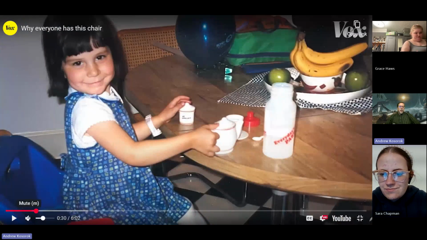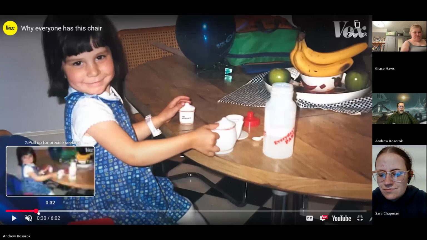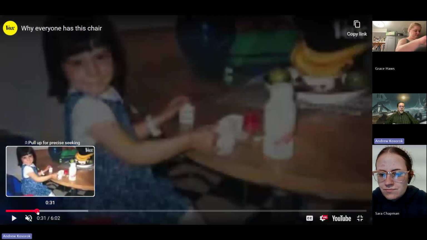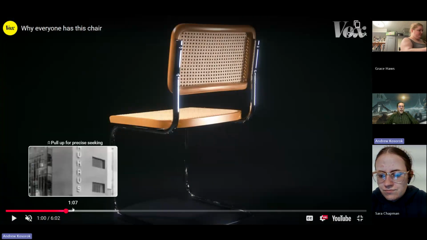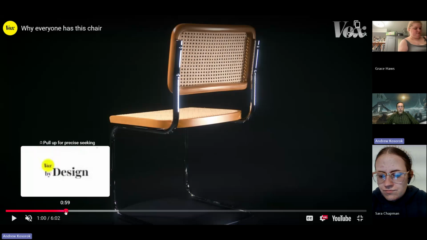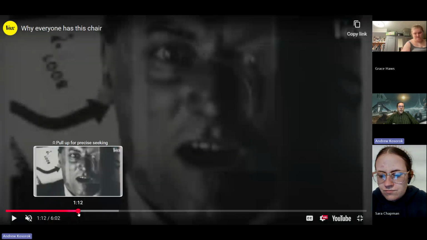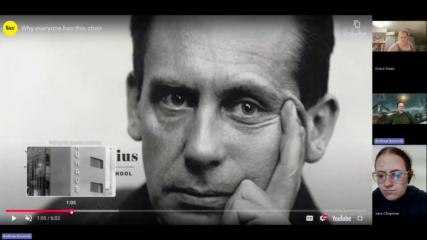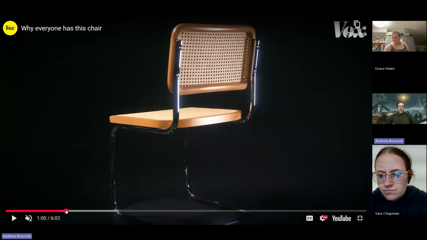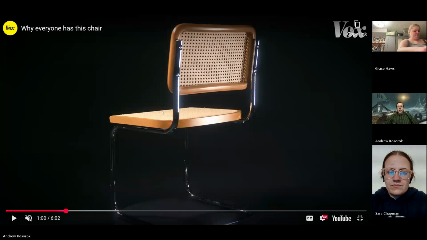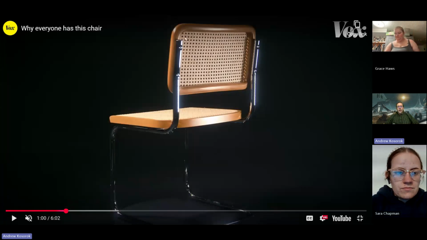Okay, so this chair that she's sitting on, this is the one that was designed in 1925 originally as part of the Bauhaus, designed specifically to be a universally accessible chair, designed specifically to be mass-produced, but designed using principles of universal geometry so that everybody could find themselves in it.